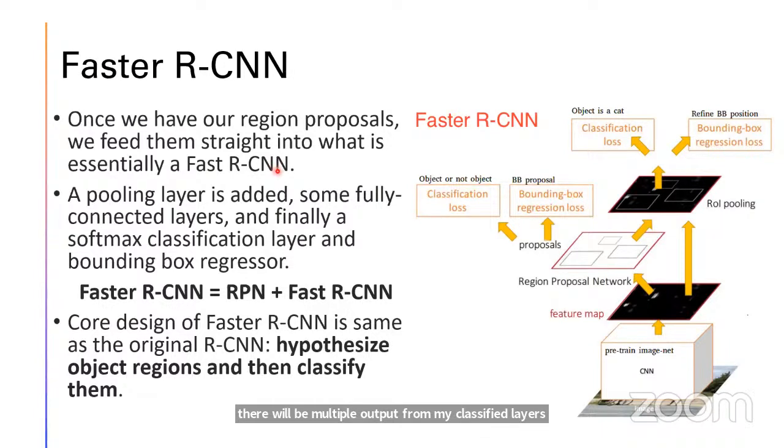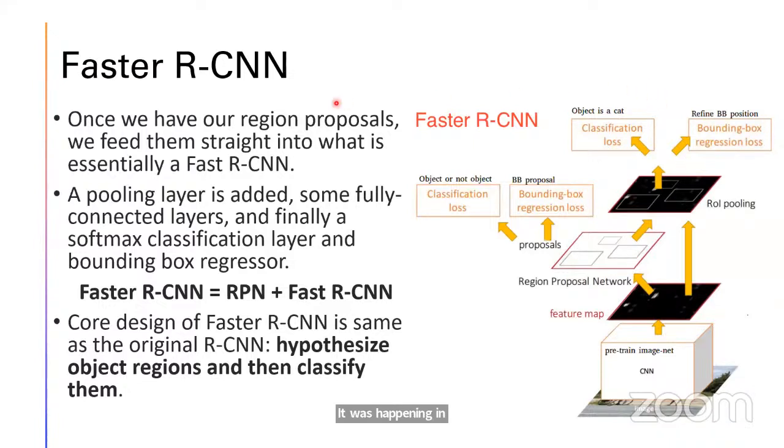Now, once I get the objectness of each anchor box, after applying the threshold, I will get the final anchor boxes where my RPN thinks an object is present. Those regions are passed to my last layer, where classification and bounding box regression happen the same way they were happening in Fast RCNN.